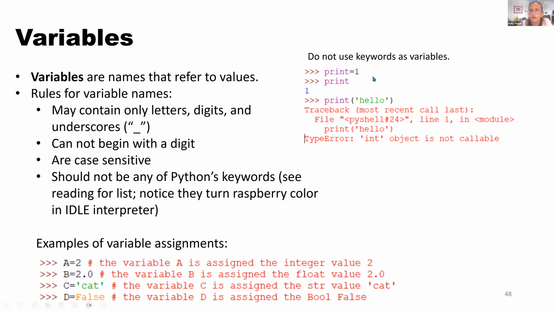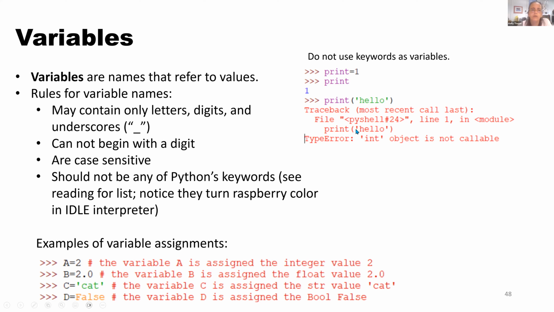So suppose Professor Thayer wanted to make print equal to 1. Okay, well, what will happen? Apparently nothing. And we say, okay, Python, what's print? But then the trouble comes. We try to actually print something, print hello, and then we get the error. And we're saying, but why doesn't print work? Well, because print has been set to 1.